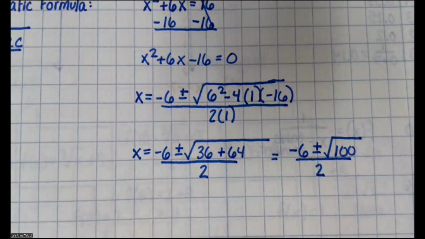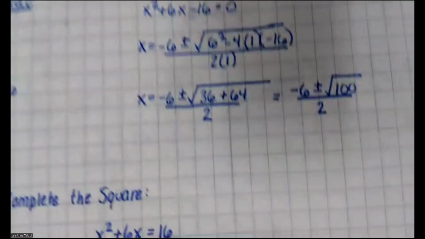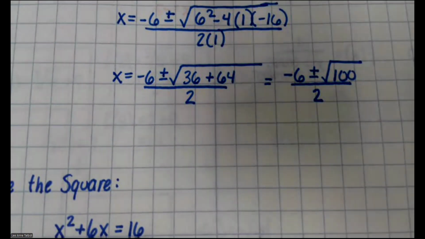Now I know I'm on the right track because it should get whole number answers and I got a perfect square underneath the square root.